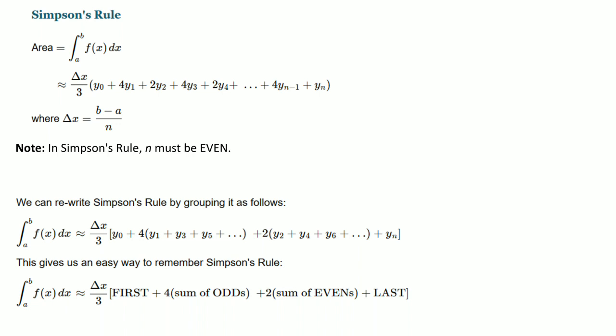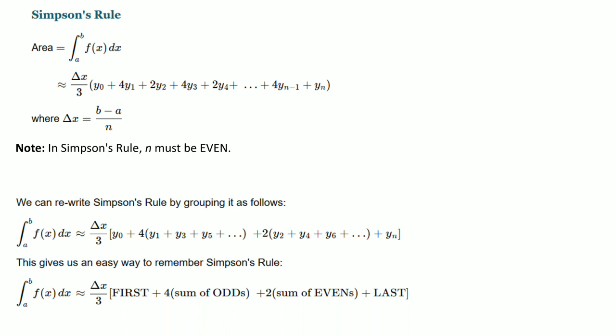Now seeing the formula, it seems a little bit difficult. We can simplify this formula as below. We can write Simpson's rule by grouping it as follows: delta x by 3 times y0 plus 4 into all odd terms plus 2 into all even terms plus yn.